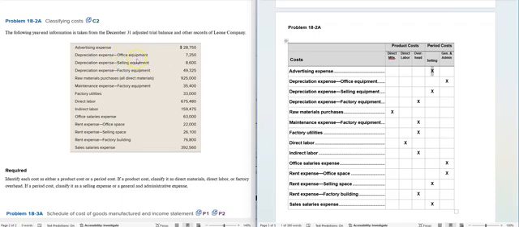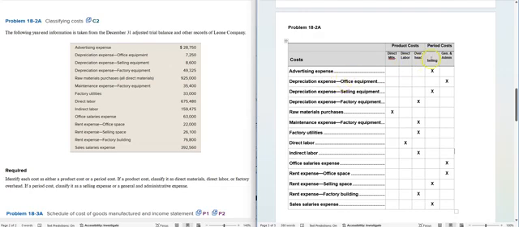Those are not costs of making the product. They're a period cost. The factory equipment, however, that depreciation expense is a result of the factory where they are making the product. So it is a product cost. So depreciation expense on office and selling equipment, we know are period cost.